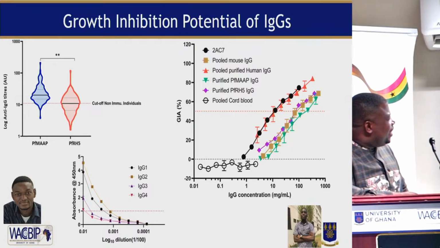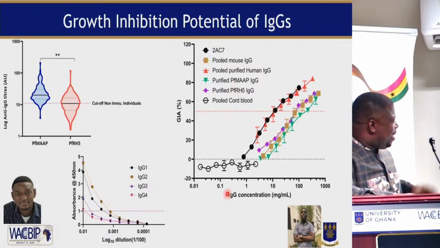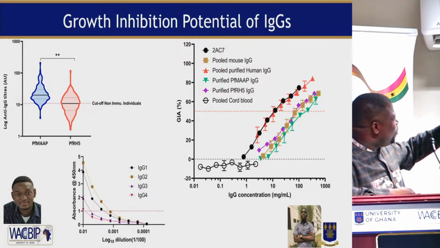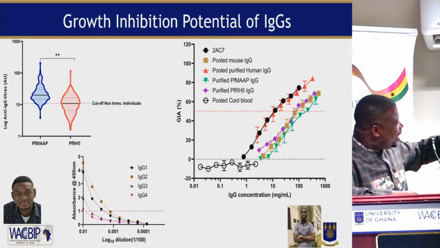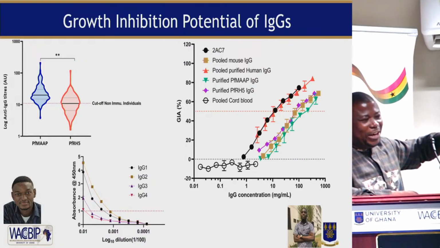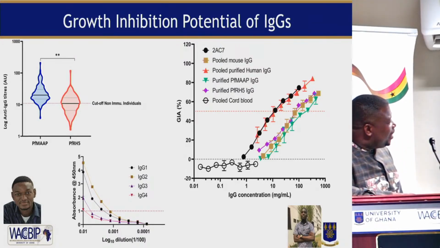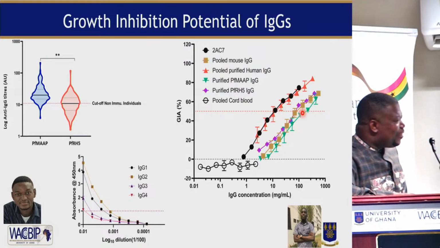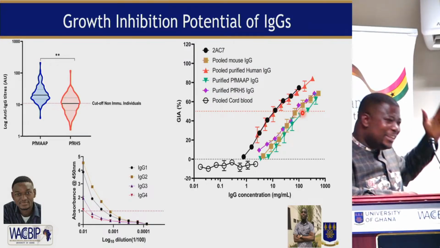The main thing here is that we could compare the monoclonal antibodies that we produced for PF-MAP with the monoclonal antibodies available for PF-RH5. And one thing that we can see here is that the green is PF-MAP, and, is it violet or purple? Yes, one of them.